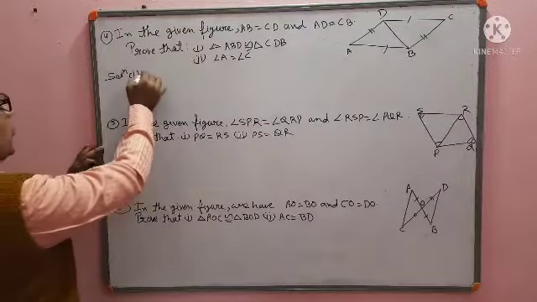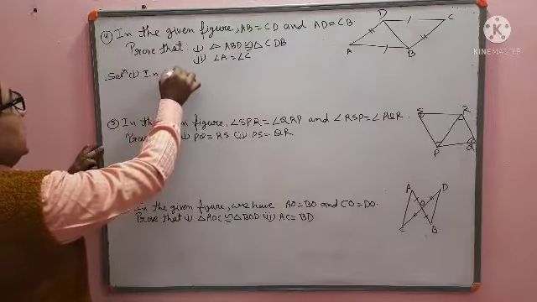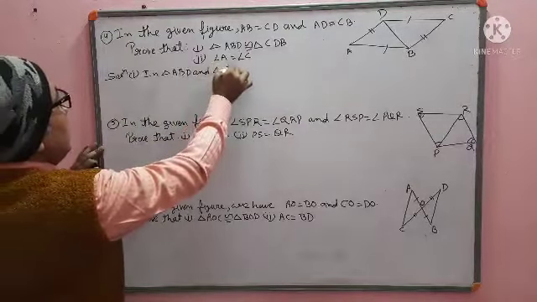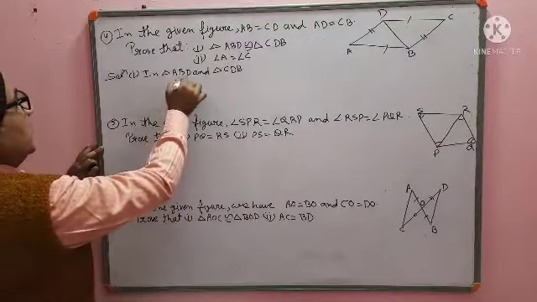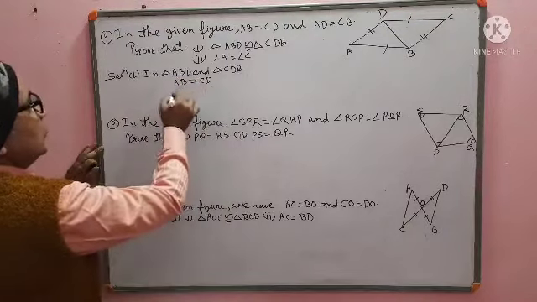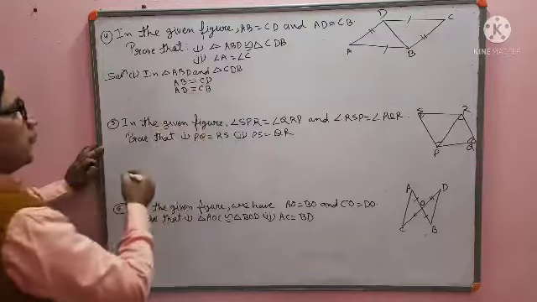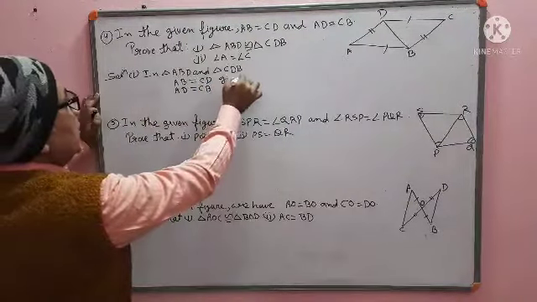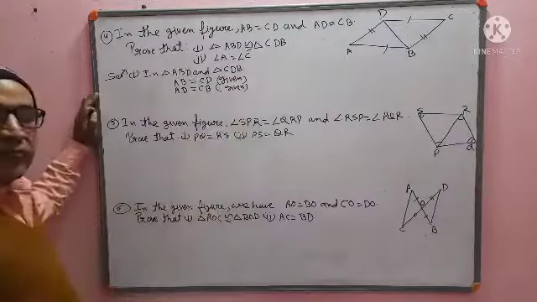First solution, how will you do it? First write the name of the triangles. In triangle ABD and triangle CDB, it is given that AB is equal to CD and AD equal to CB. Why are these equal? Because these are given in the question.